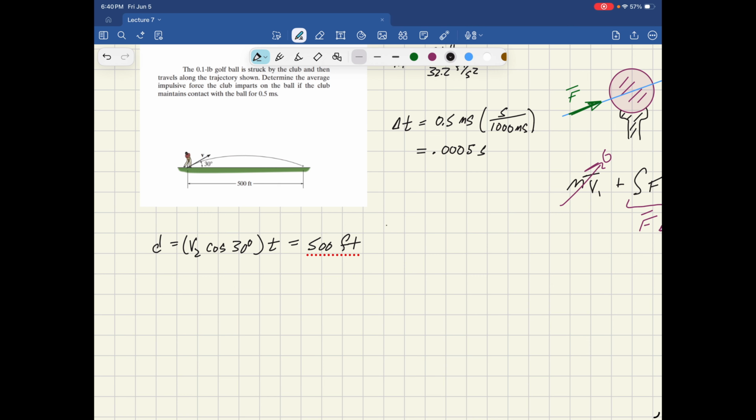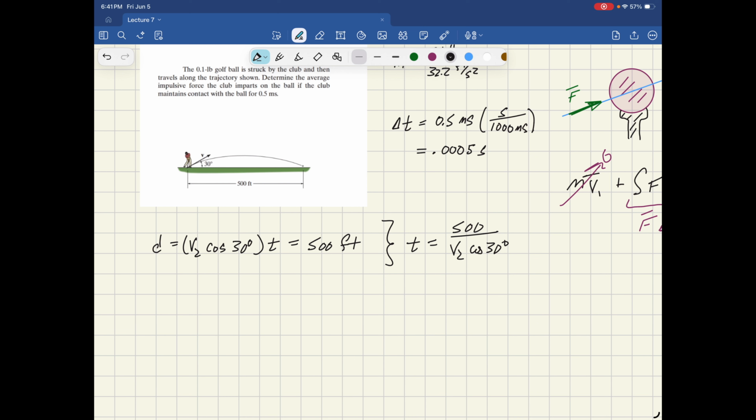So we get an expression for t, the time of flight, as being 500 divided by v2 times the cosine of 30 degrees.